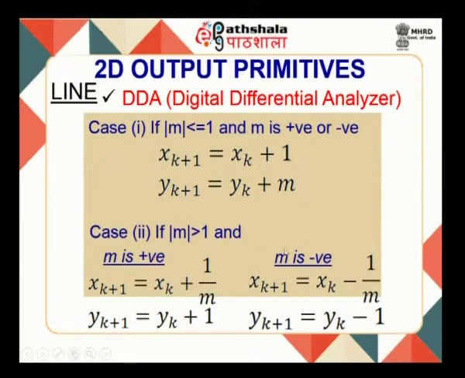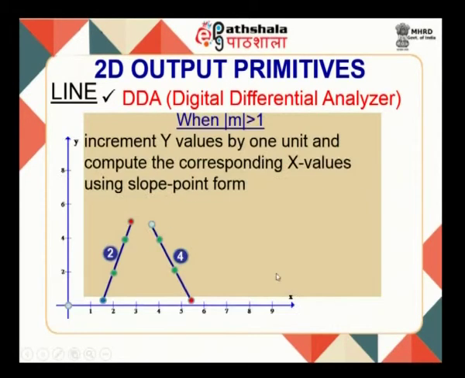So, if m is negative, you come to this case. The next x value is x k minus 1 by m, and the next y value is y k minus 1, because you can now recollect line type 4, which is a line whose slope is negative.